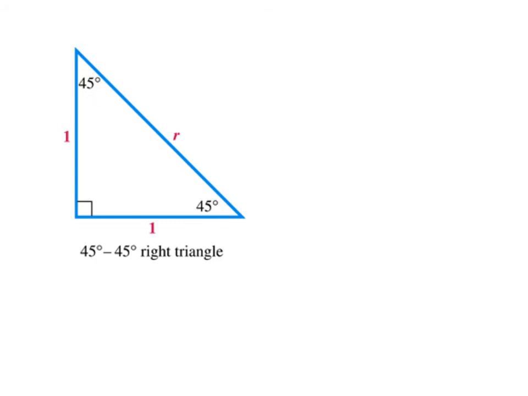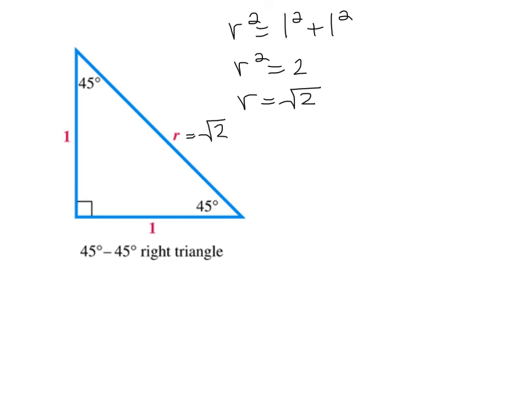So again, we'll use Pythagorean theorem to find the length of r. We could also call it c. So r squared is equal to 1 squared plus 1 squared. So the hypotenuse is the square root of 2.